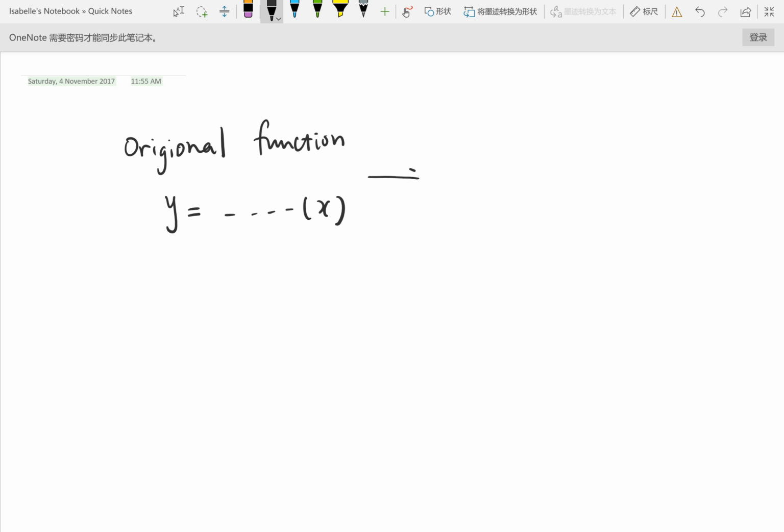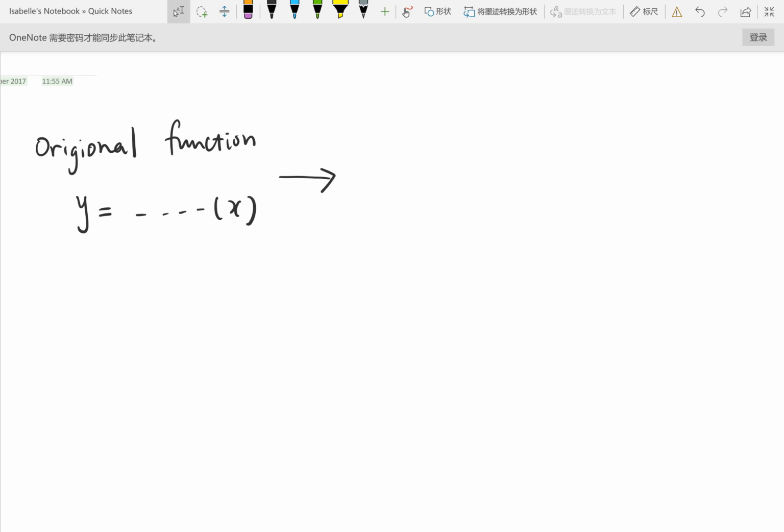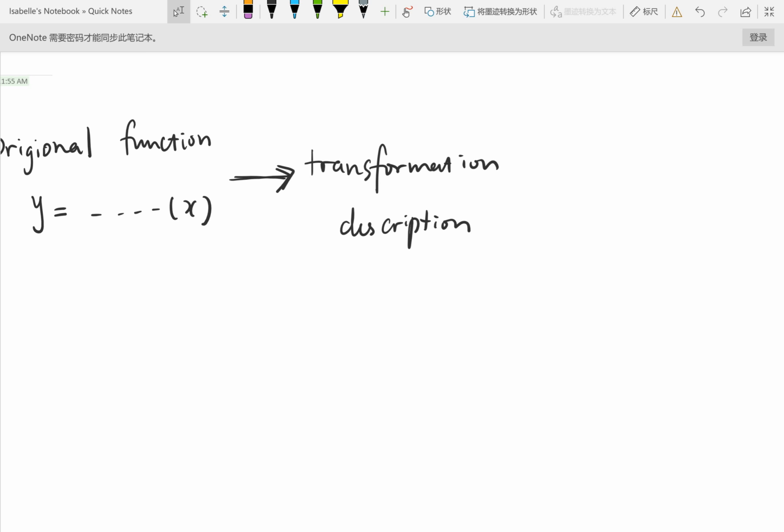And then after some transformation, after some transformation description, we describe what the transformation is. I'll tell you what kind of transformation we will have, maybe a reflection in the x-axis and dilation.